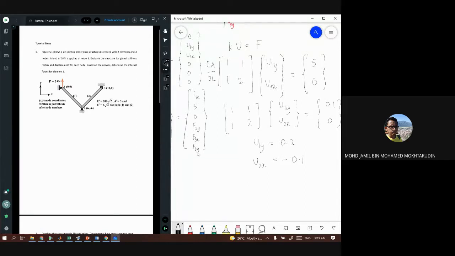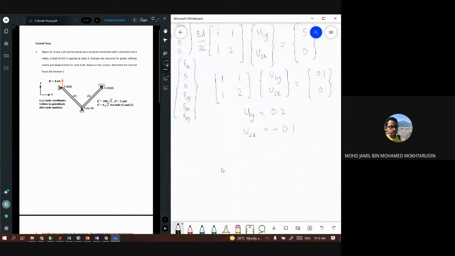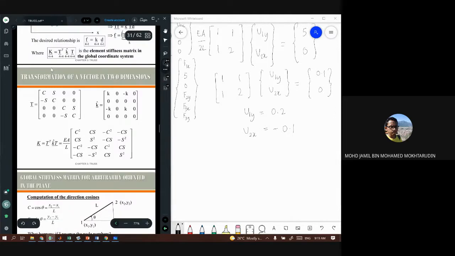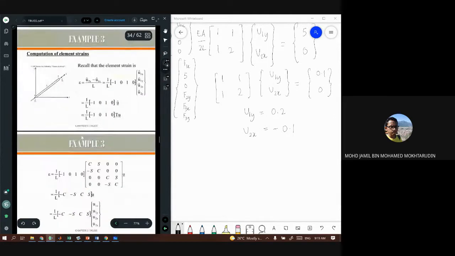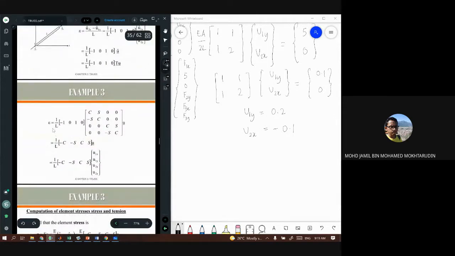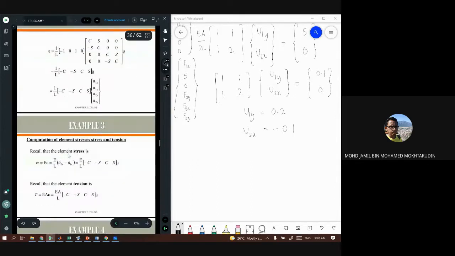You need to find the overall force acting within the bar. So here you need to use the formula related to the strain, which is this one. Find the strain first, and then find the tension within the bar.